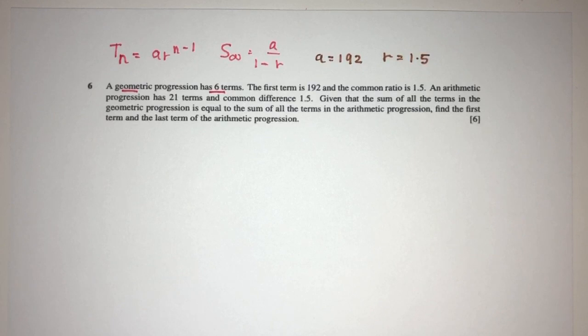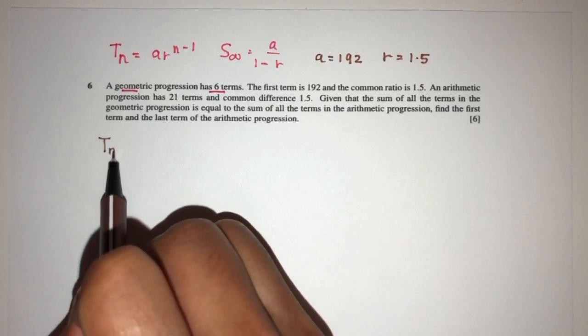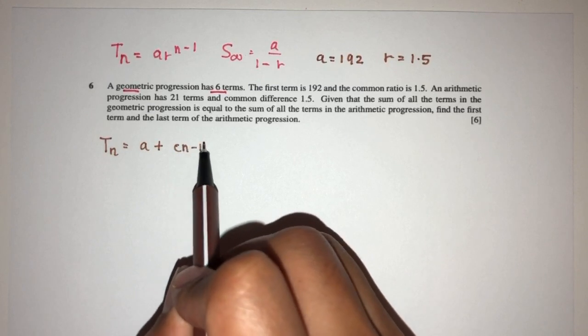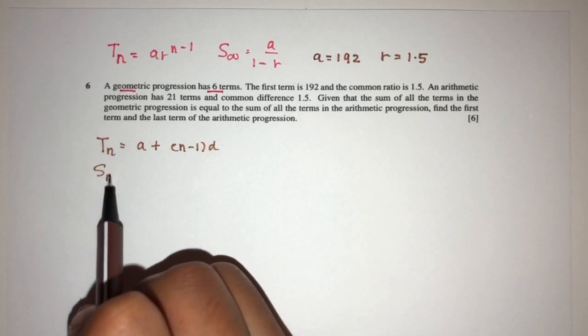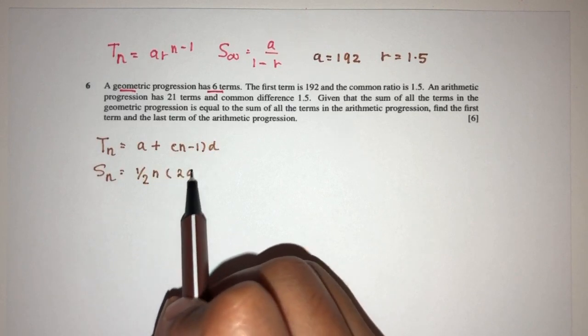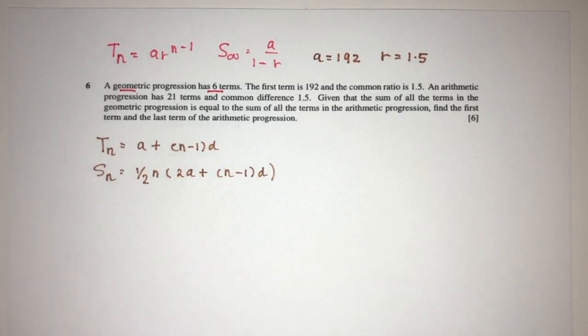Now, we have another progression. An arithmetic progression has 21 terms. Now we know for AP, the n-th term is given by a plus n minus 1 times d. The sum of the first n terms is half n, and then we have 2a plus n minus 1 d.